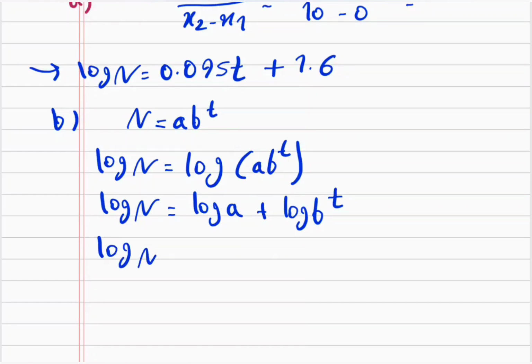So this becomes log n is equal to log a plus t log b.